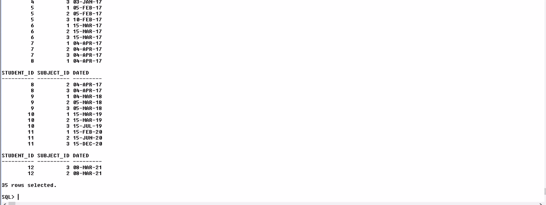We want to select those students who are registered for a duration of more than 3 years, meaning those students who registered 3 years before. So we will write SELECT asterisk FROM course registration, WHERE.